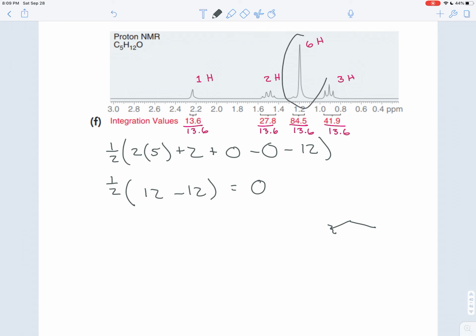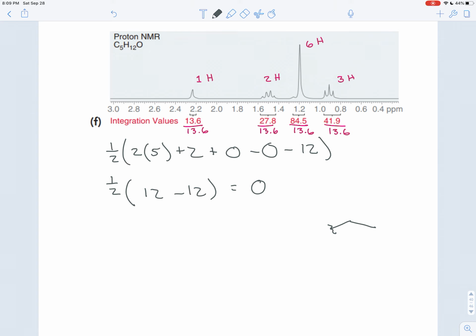Next, we have 6 hydrogens in a singlet. Now, usually when you have multiples of 3, and they're not in any of the patterns that we saw, the ethyl pattern, the isopropyl pattern, or the tert-butyl pattern, it usually means you have methyl groups. So if you have 3 hydrogens in a signal, 6 hydrogens in a signal, 9 hydrogens in a signal, it usually means you have methyl groups.